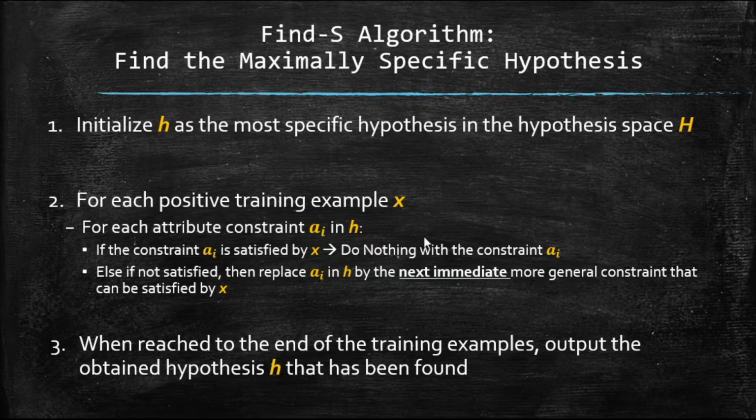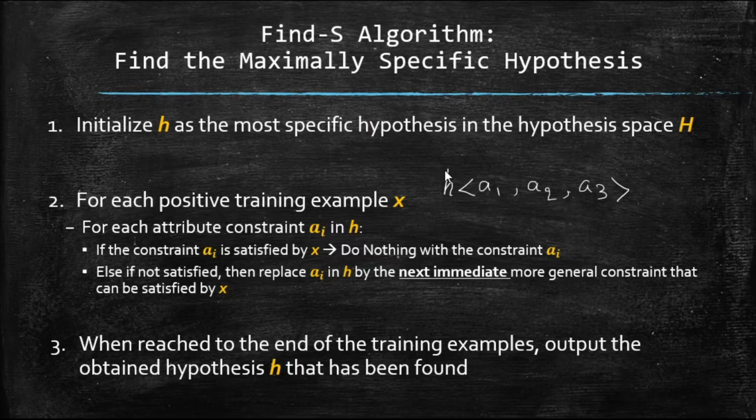So for example, if you consider H something like this, say H has A1, A2, and A3. These are the constraints for the first attribute, second attribute, and the third attribute.